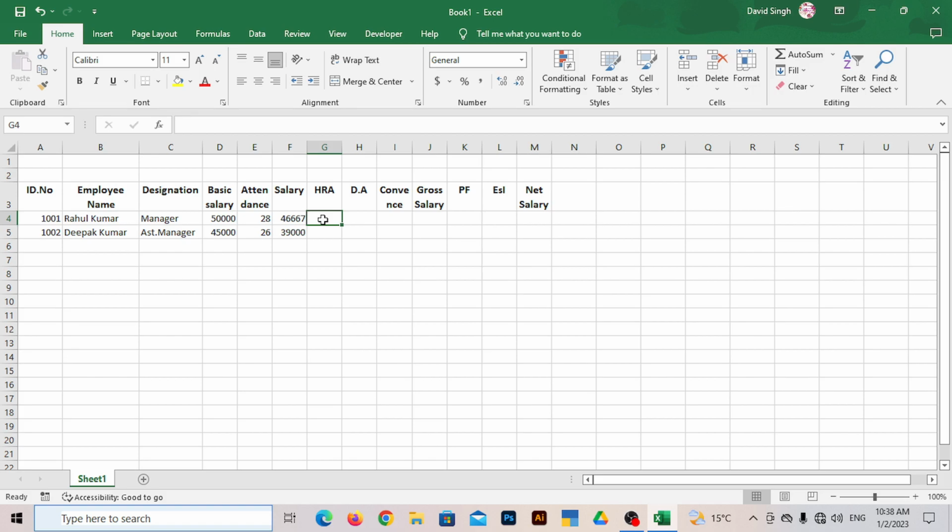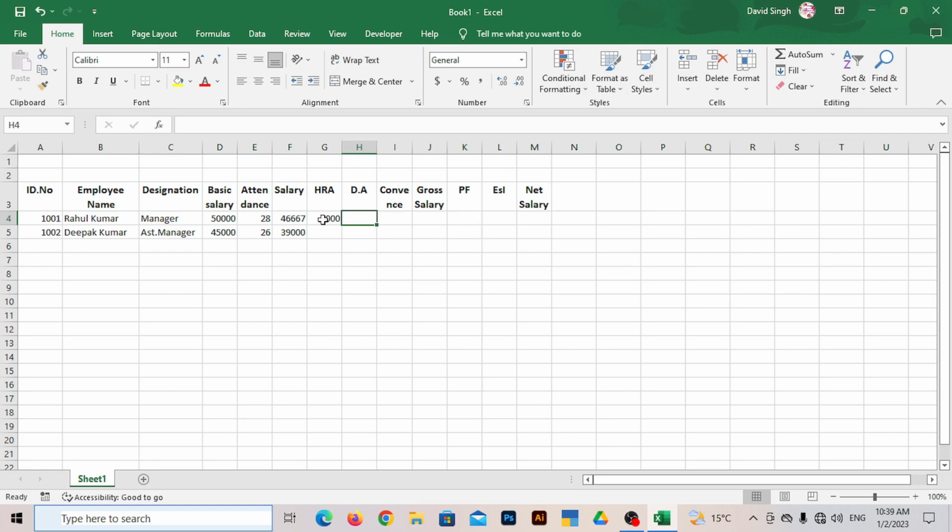The house rent allowance is the part of your salary provided by the employer for expenses incurred towards rented accommodation. Here Rahul gets 8,000 rupees as HRA, meaning he has to take a rent outside, far away from the company. He is paying rent for his accommodation. So the company says, I will provide 8,000 rupees as HRA.